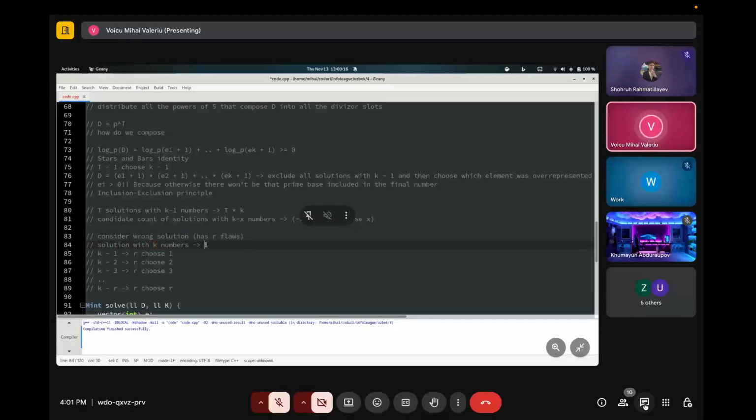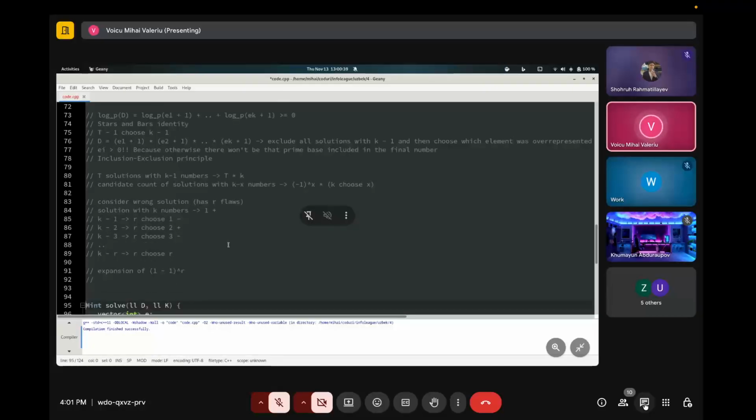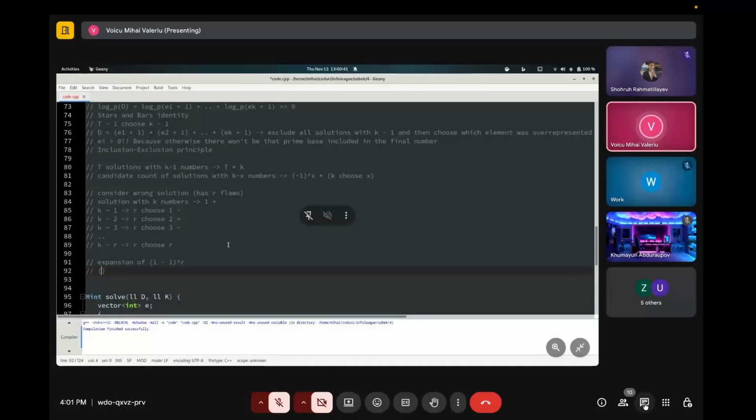And then in such a case, if we add all the coefficients on the even indices and then subtract all of those on the odd indices, we will get basically the expansion of (1 minus 1) to the power of R. This is obviously 0 if R is greater than 0.